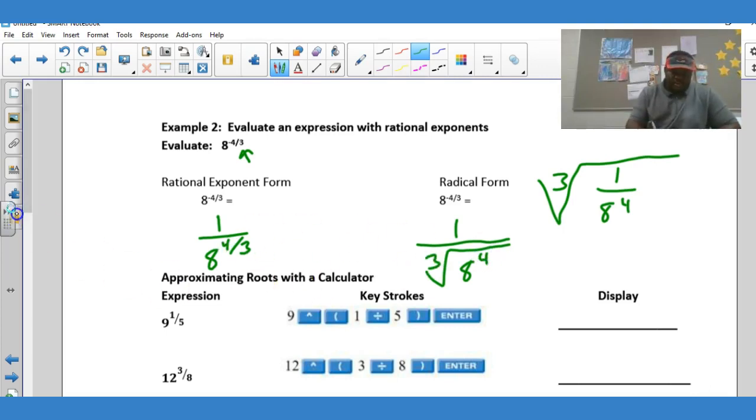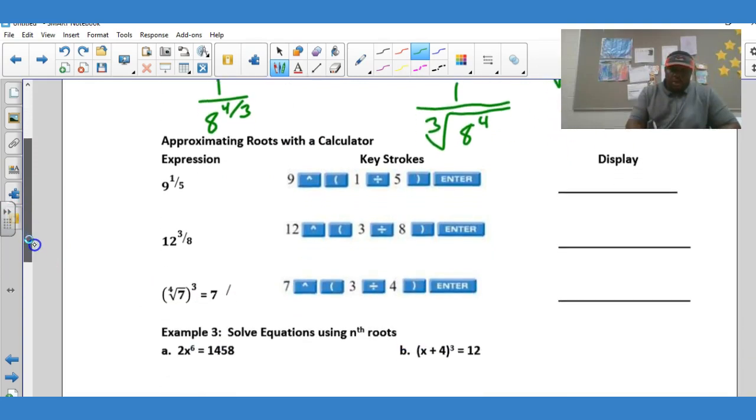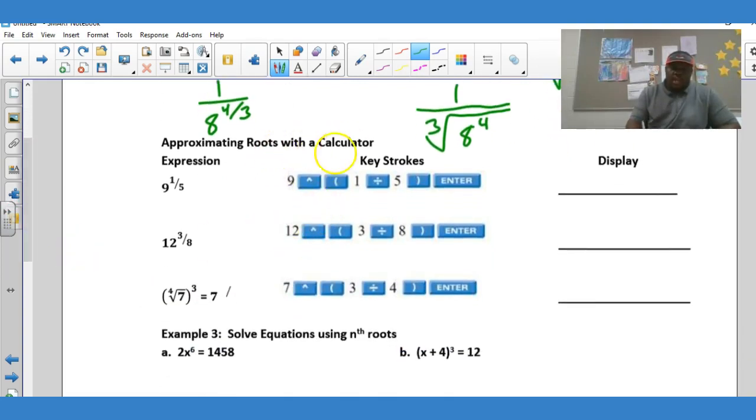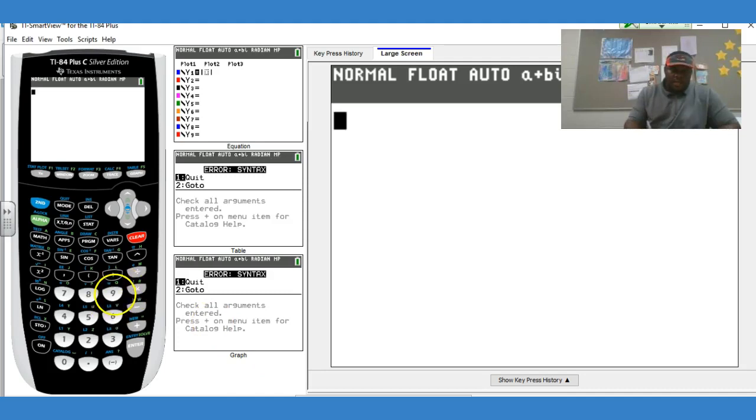Okay. So now, right here it says approximating roots in your calculator, 9 to the 1/5. Well, again, guys, remember I showed you how you do 729 to the 1/6? Well, you can do 9 to the 1/5.